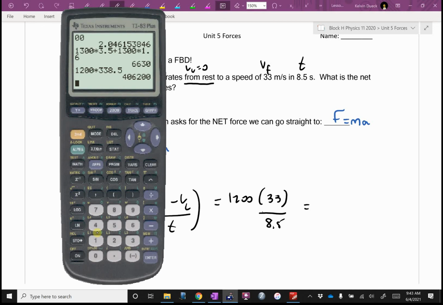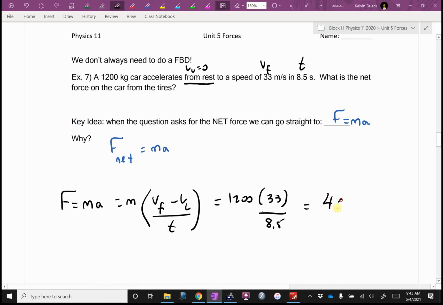Oh, I totally typed that wrong. 1200 times 33 divided by 8.5. You get 4,660? Newtons. Okay.